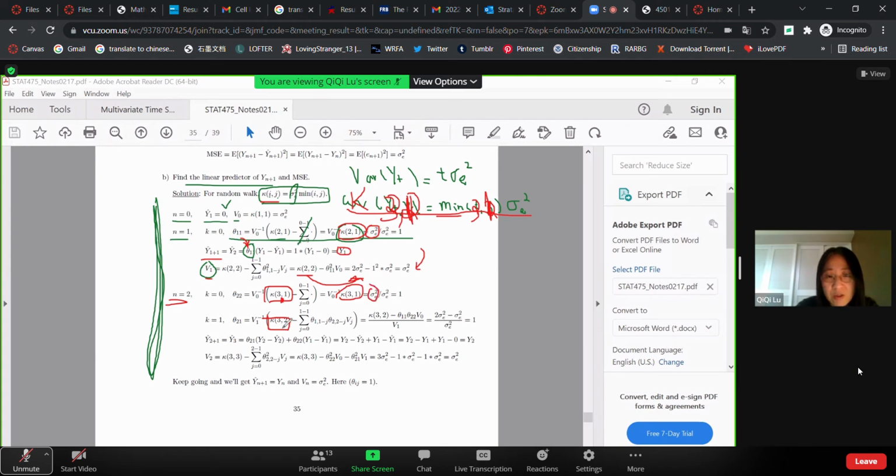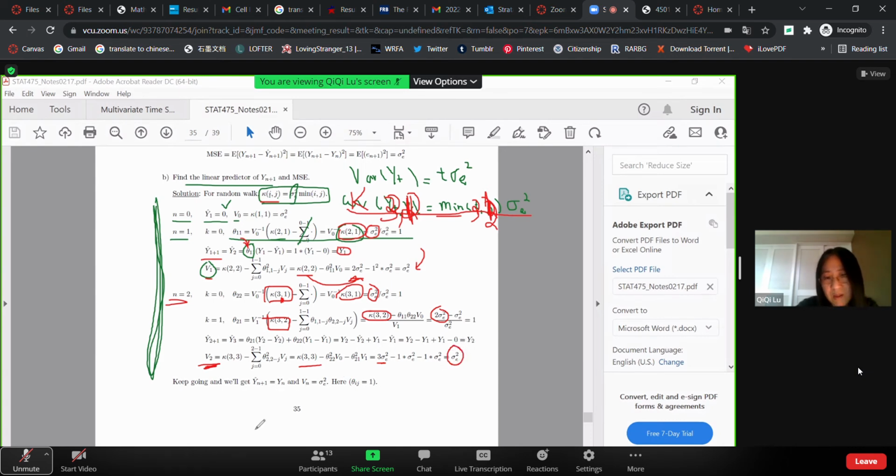Kappa 3,2, minimum between 3 and 2 is 2. So this one right here, that's the kappa 3,2. Okay, and then we calculate V3. So kappa 3,3, minimum 3, so that's 3 sigma E squared. And V2 is the same as V1, V0 sigma E squared.